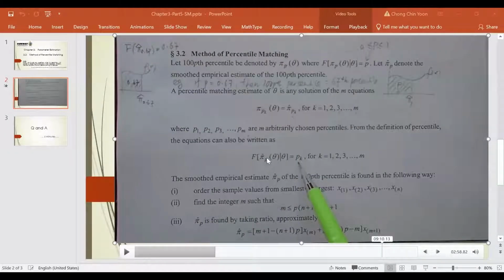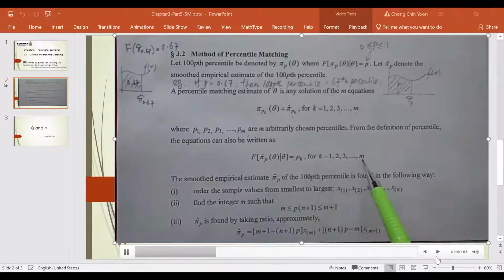I hope you get it. Your percentile always refers to the CDF, please. Your percentile is connected to the CDF. So we are not talking about the first or second raw moment. We are talking about the percentile. We are talking about the CDF. Now we go to the next, where k is from 1 to m.